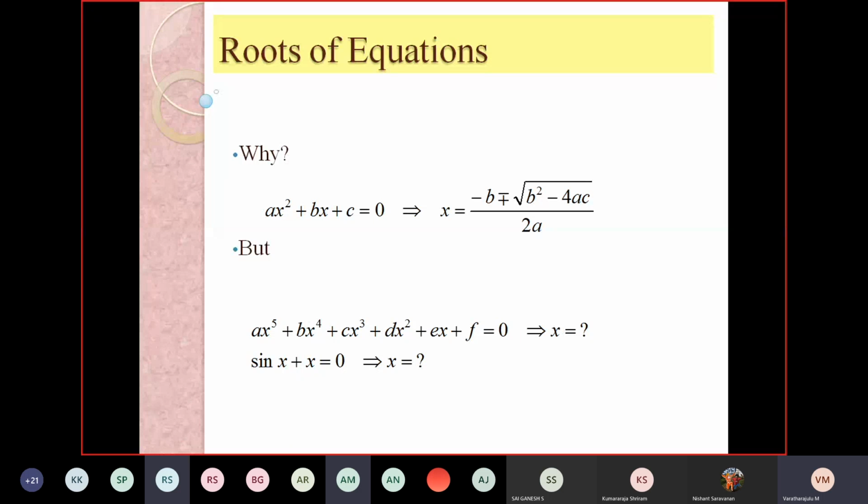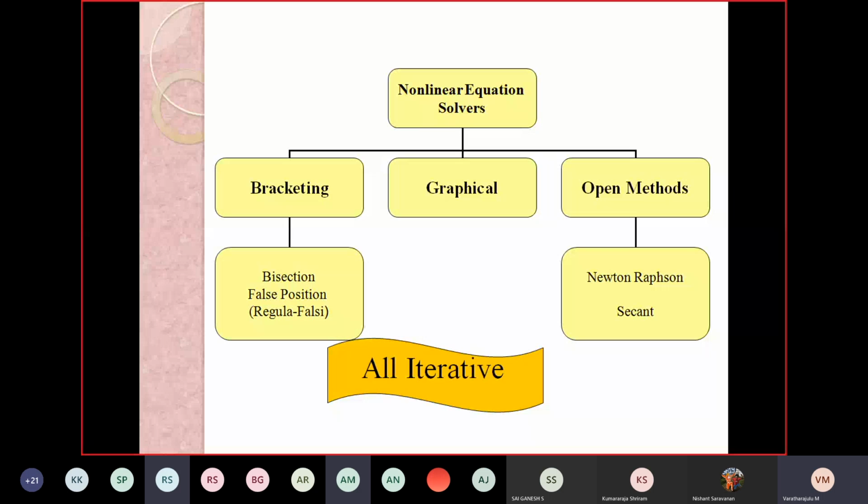For the cubic equation, ax cube plus bx square plus cx is equal to d, how can we find x? And similarly for power 4 and power 5, and for trigonometric functions, we need to depend on various techniques, which can be broadly classified into bracketing method, graphical method, and open method.